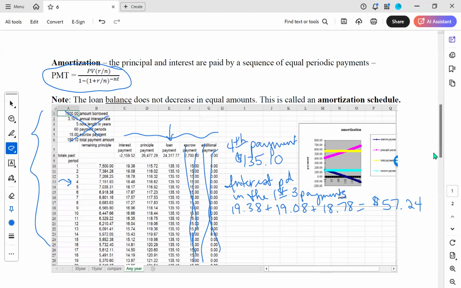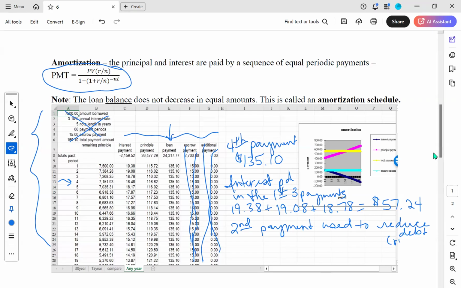All right. The other thing that you may be asked is, how is the second payment used to reduce the debt? So in other words, they want to know, how is that second payment reducing your principal?